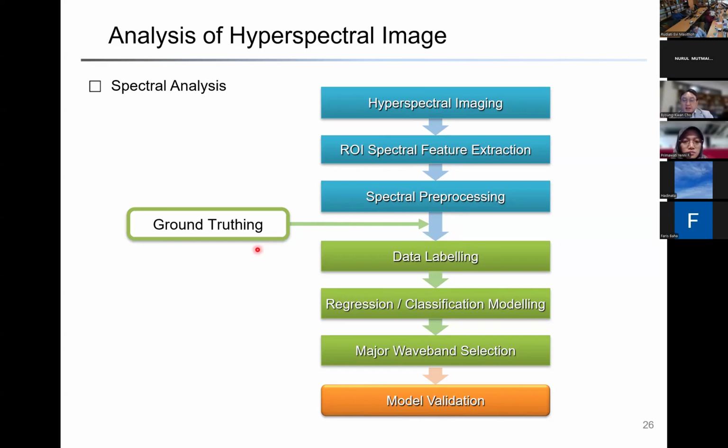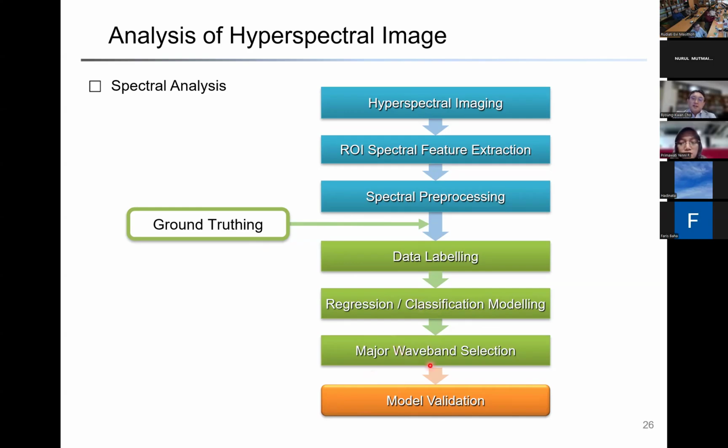When we do sugar content measurement, we need to measure the sugar content of the material using a refractometer, something like that, right? So that is the ground truth values, Y values. Your X values are the spectral information. Then you have X values and Y values, and you can make a model, a regression model, classification model, whatever you want.